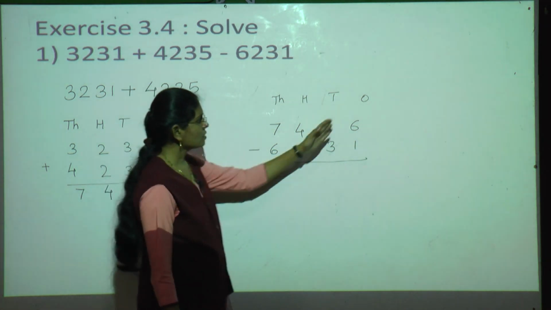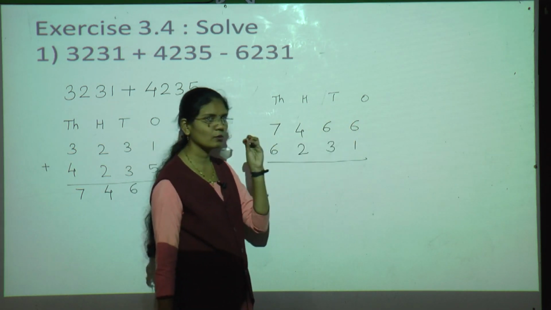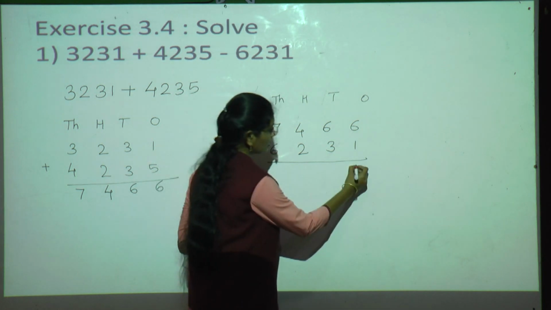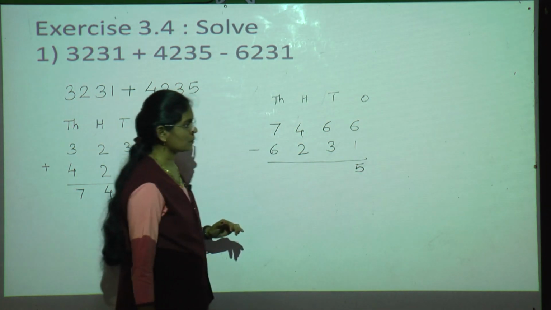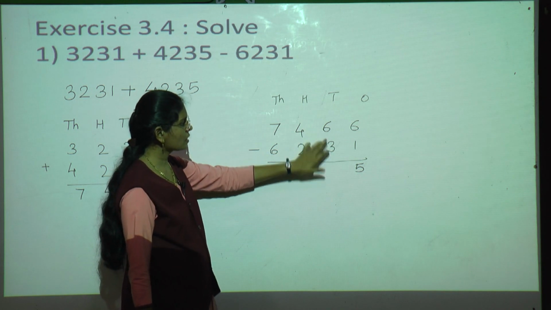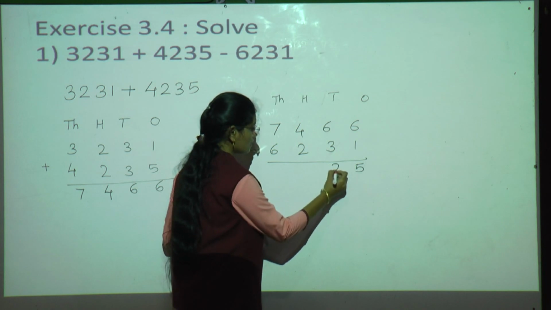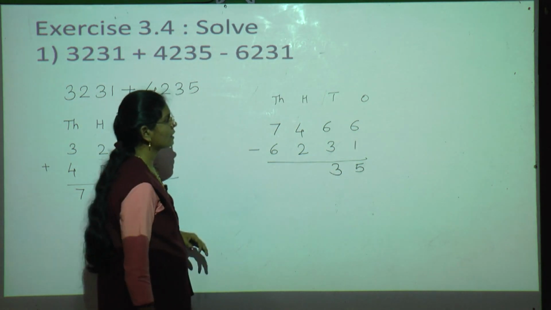Do the subtraction. At ones place, 6 here and 1 here. 6 minus 1 is equal to 5, so write 5 at ones place. At the tens place, 6 minus 3 is equal to 3, so write 3 at tens place.